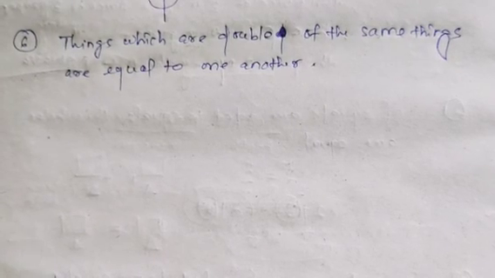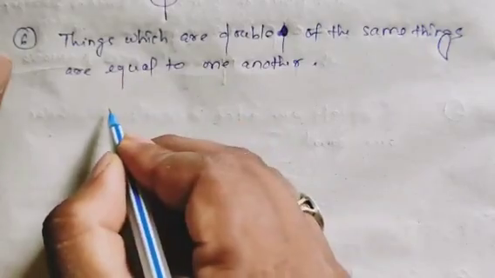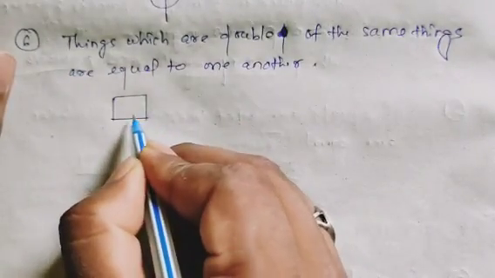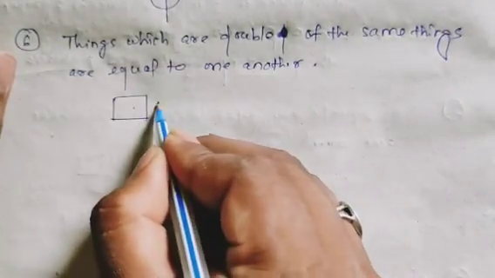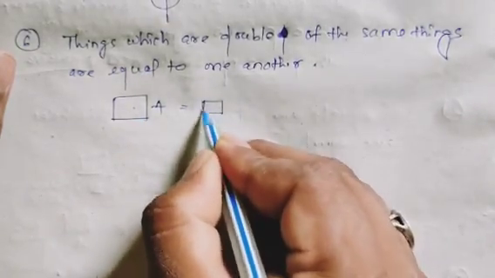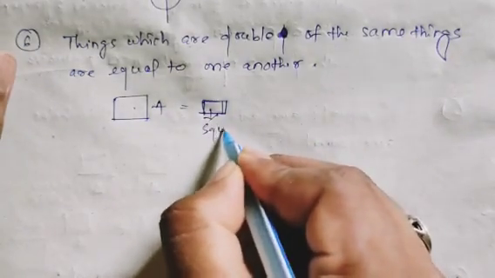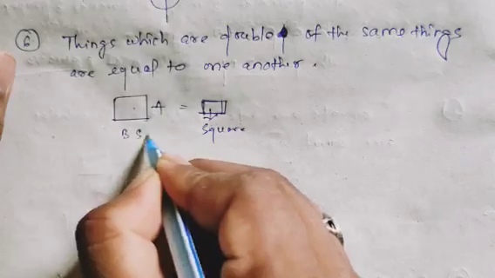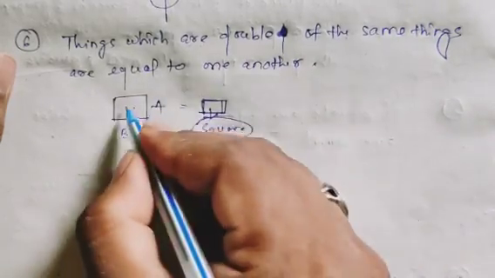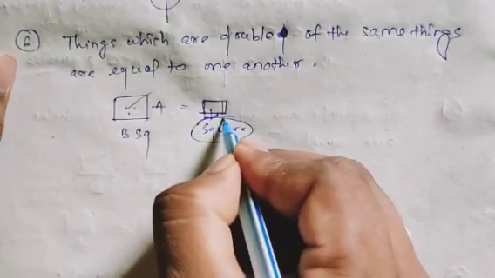In axiom number 6, Euclid stated that things which are double of the same thing are equal to one another. That means, let this be a square, a big square, and this is a small square, and the area of the big square is double the area of the small square.